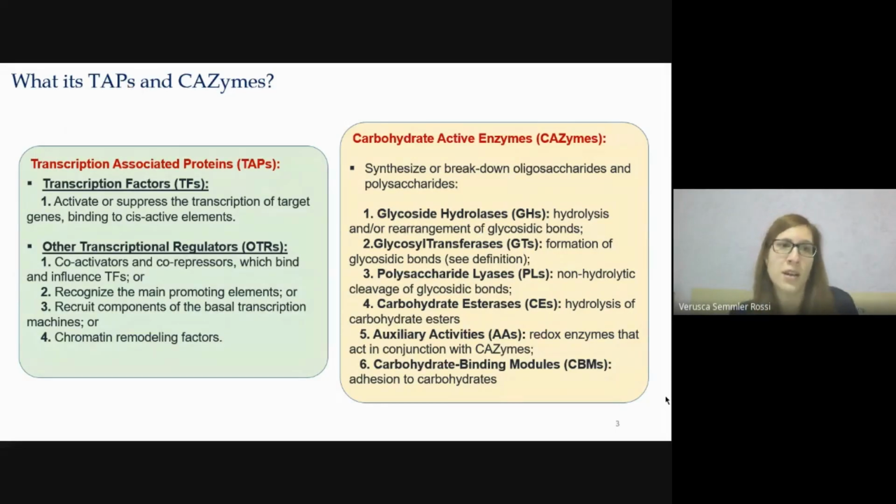OTAs can be co-activators and co-repressors, which bind and influence TFs, or recognize the main promoter elements, or recruit components of the basal transcription machinery or chromatin remodeling factors. And CAZymes are enzymes that synthesize or break down oligosaccharides and polysaccharides, and they have six families.